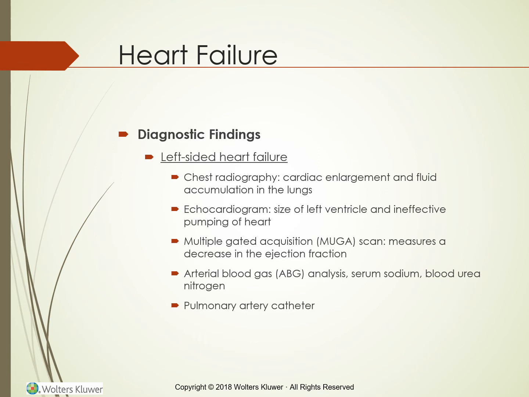If the client is seriously ill, a pulmonary artery catheter may be inserted for hemodynamic monitoring. Cardiac output can be measured with the pulmonary artery catheter. Cardiac output is diminished in left-sided heart failure, and pulmonary artery pressure and pulmonary capillary wedge pressure measurements are elevated. The BNP levels are above 100 picograms (pg).